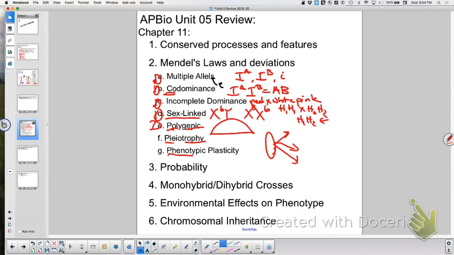Okay, phenotypic plasticity. That was like where your phenotype has some flexibility, and that could be a really good advantage, right? As far as insects go, you could focus your energies and efforts on gaining food, or focus your energies and efforts on reproduction.